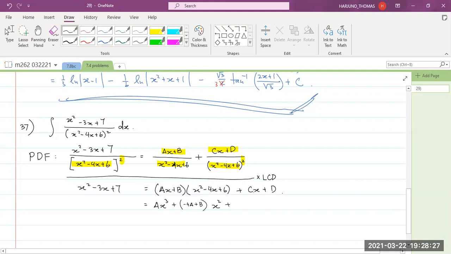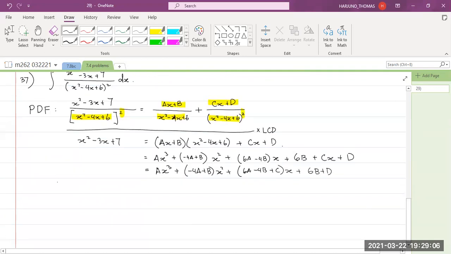For x, that will be 6a minus 4b. And the constant, 6b, plus cx plus d. So ax cubed plus negative 4a plus b, x squared plus 6a minus 4b plus c times x plus 6b plus d.